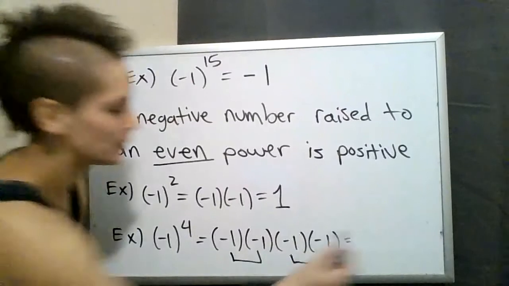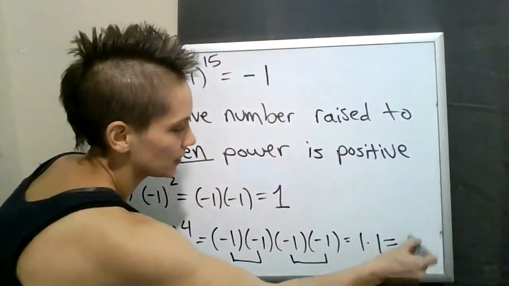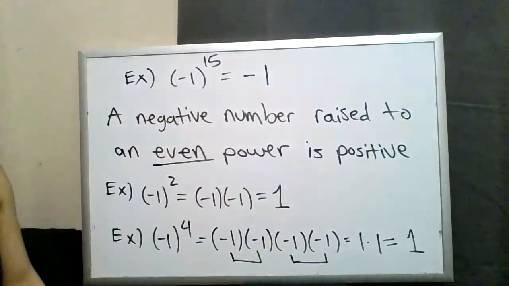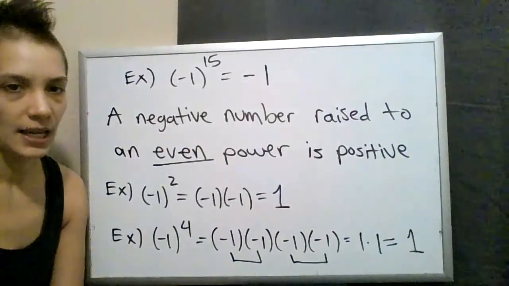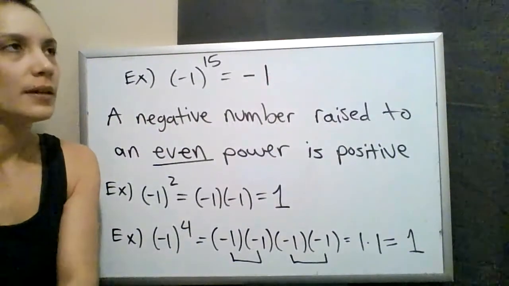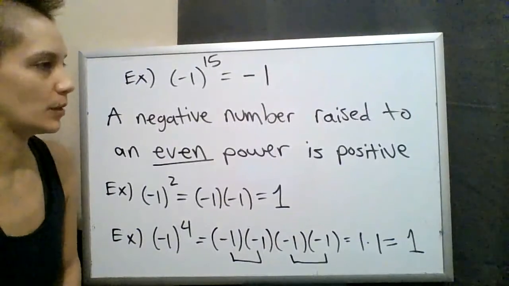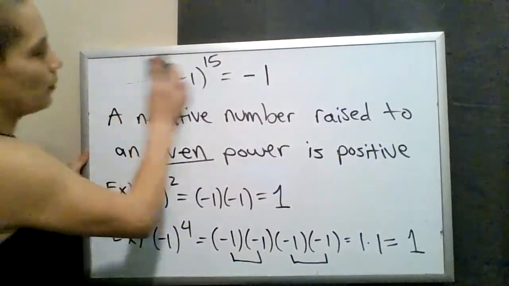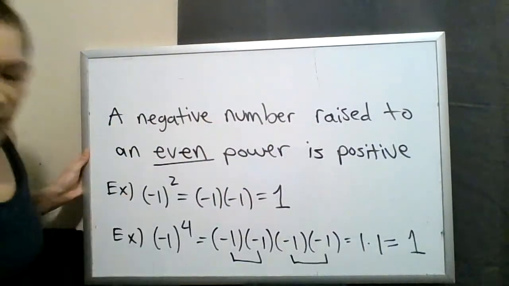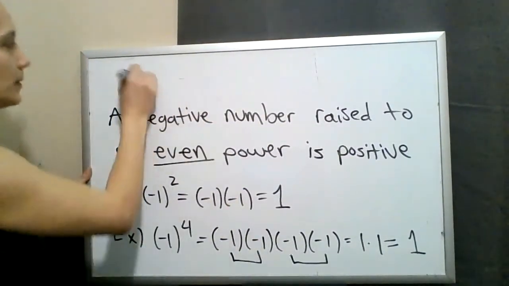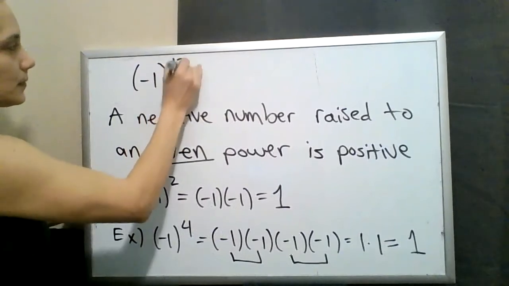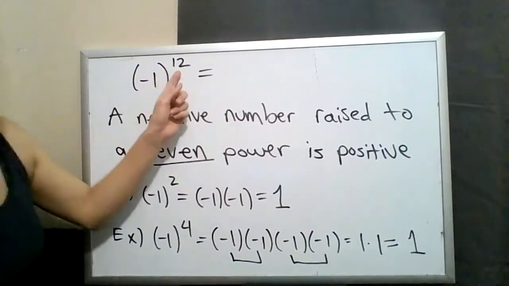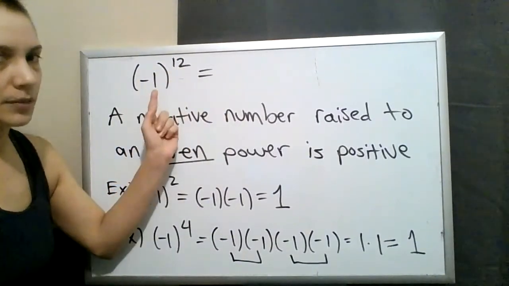It's 1 times 1. And then we'll pick any even number. Let's go with 12. -1 to a power of 12. It's an even power, so it's going to be +1.